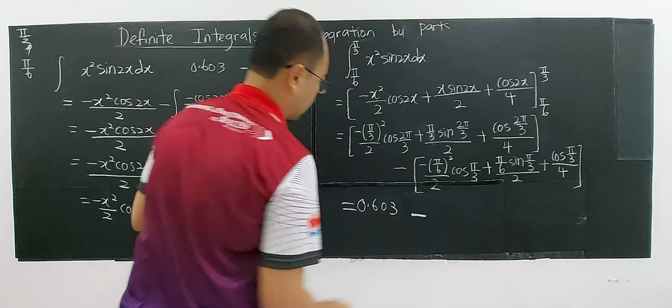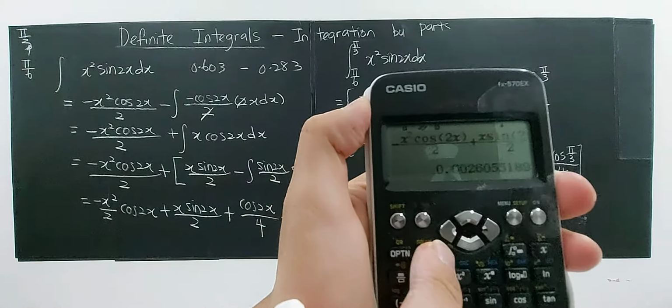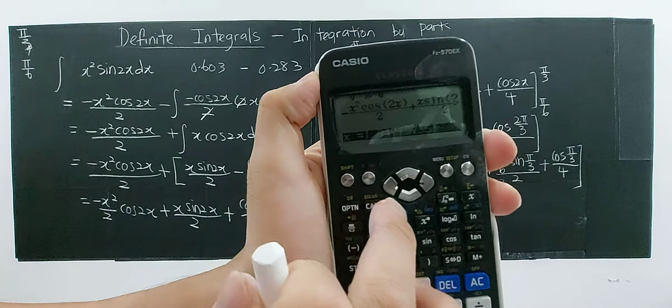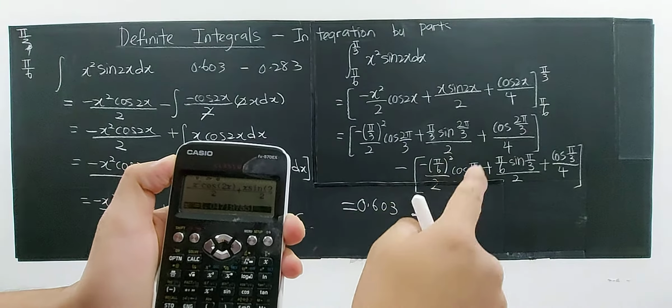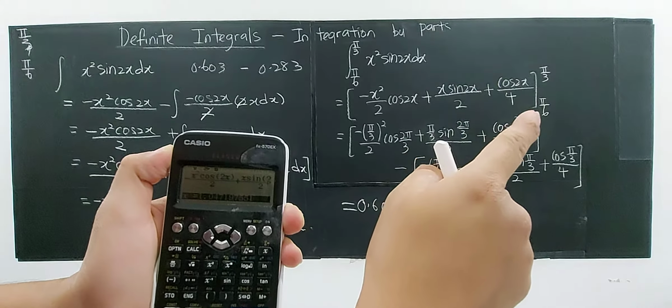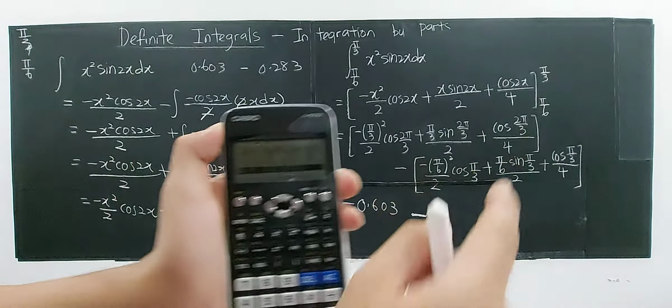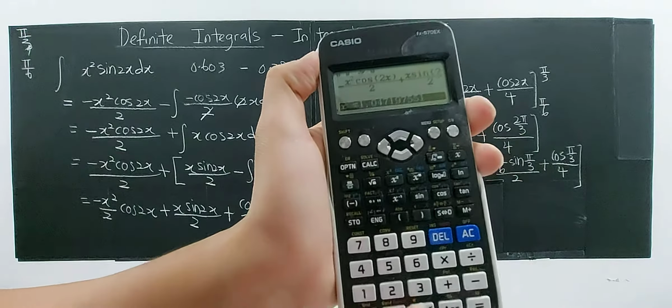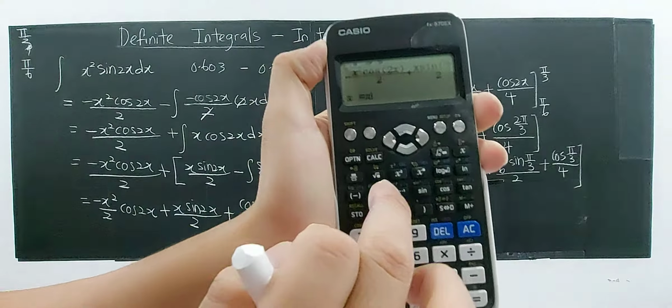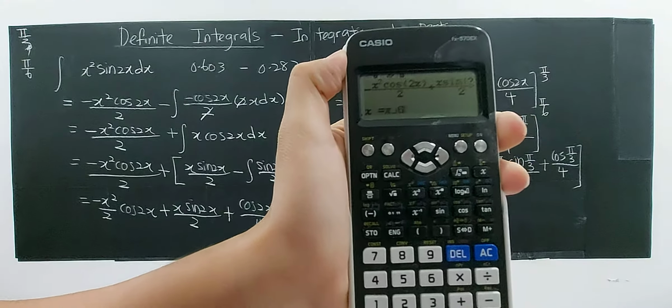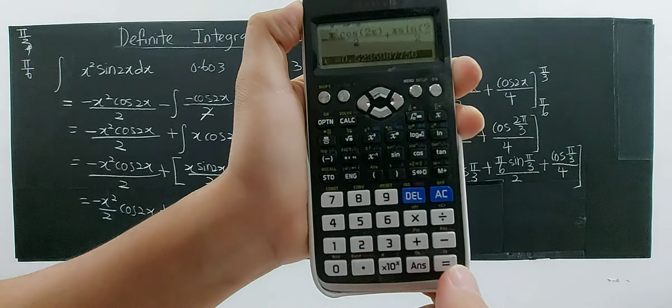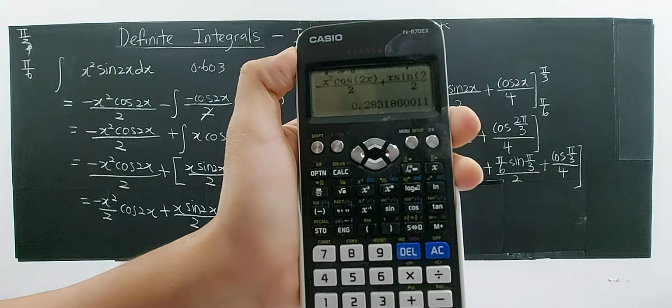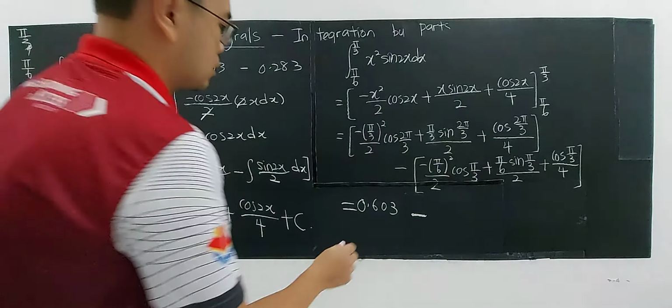0.603 minus away, so you calculate also. The correct way using the calculator will be pi over 6. You will key in shift pi over 6. Okay, then pressing equal is not enough, you press one more time, so you have 0.283, right?